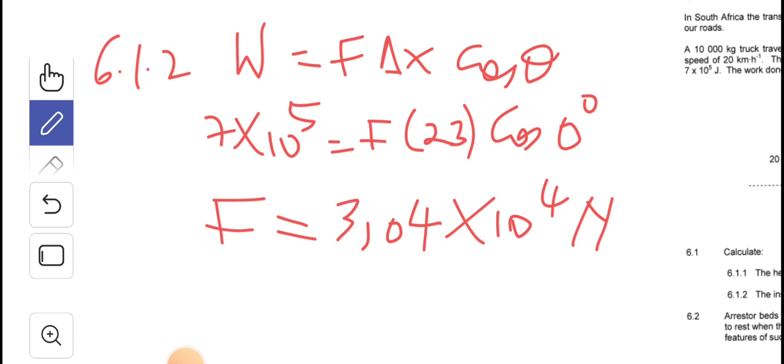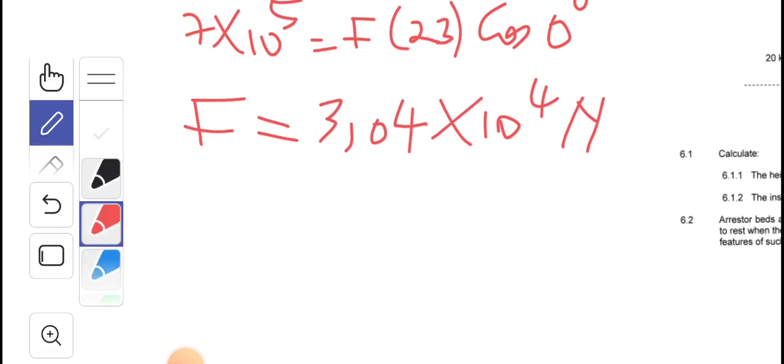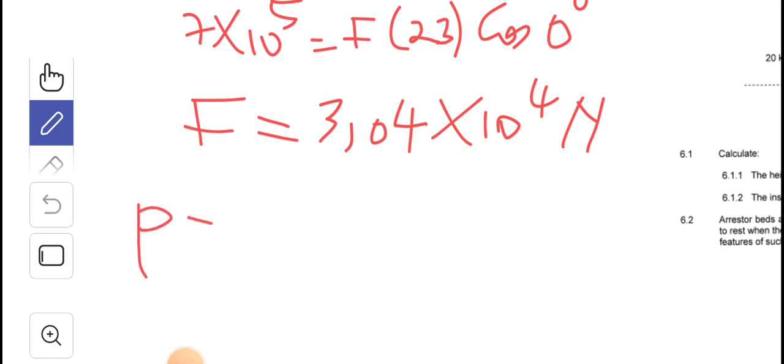After having obtained the applied force, we proceed to find the instantaneous power.